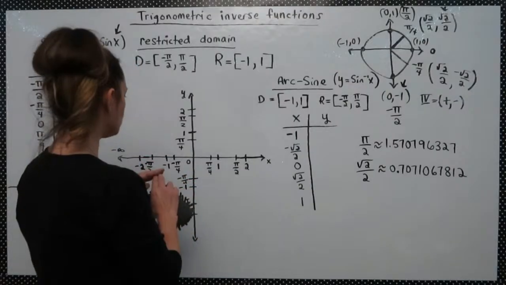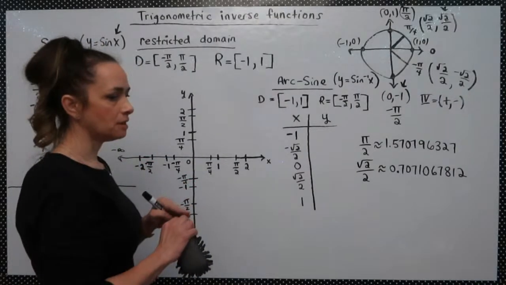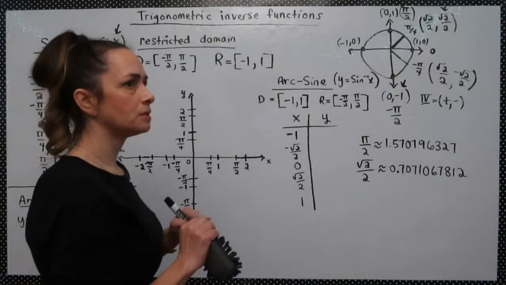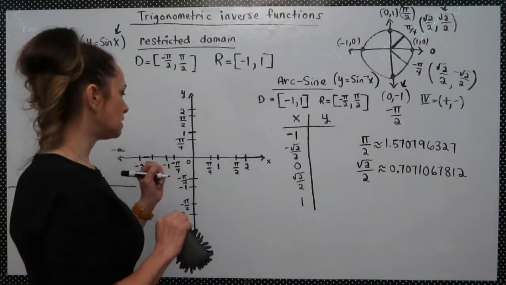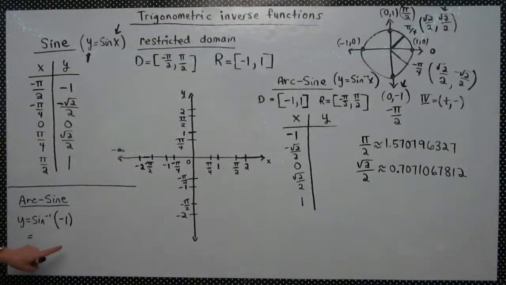If you try to put in a value that's outside, it's going to give you an error. The error in your calculator will say domain issue. But -1 is in the domain of the function.